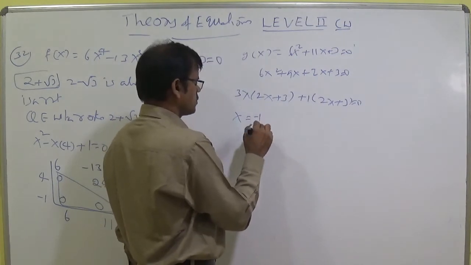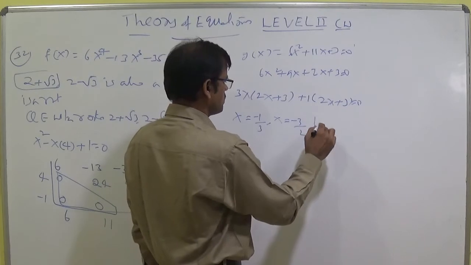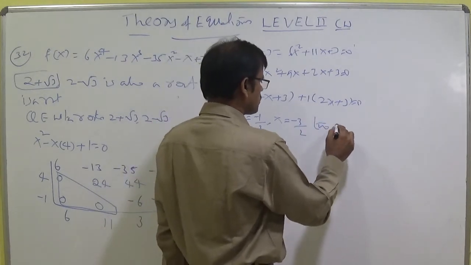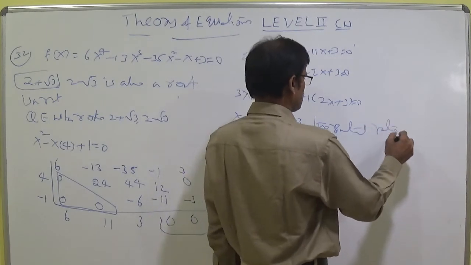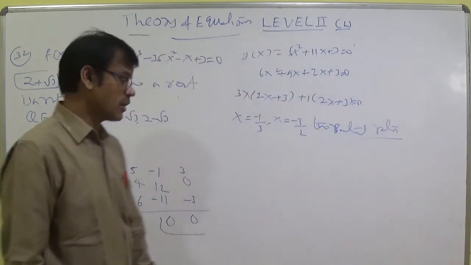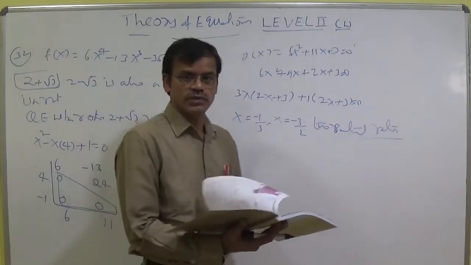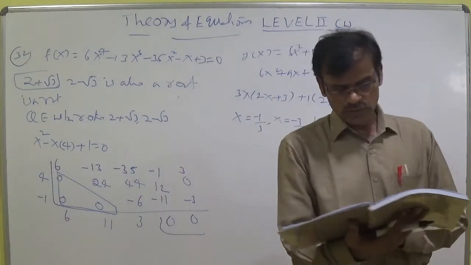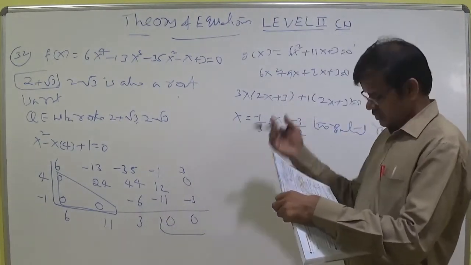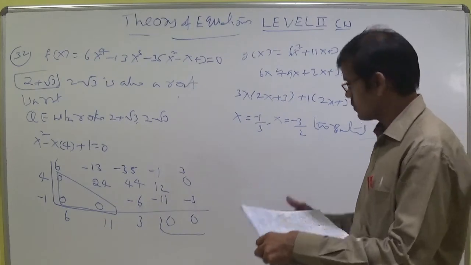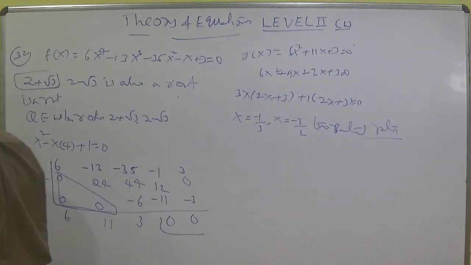So x is equal to minus 1 by 3, x is equal to minus 3 by 2. So there are two rational roots for the equation. 32nd question: only two roots are rational, two roots are surds. First option. Now let us discuss about 33rd question.